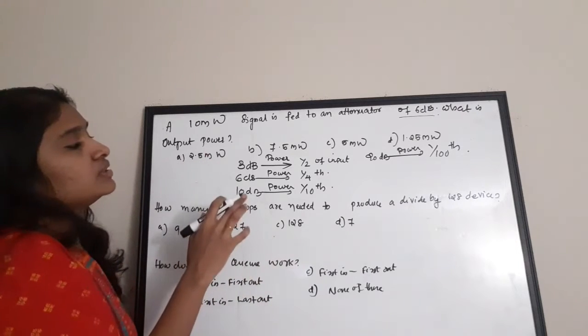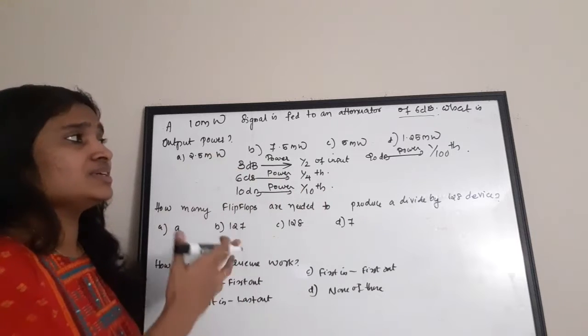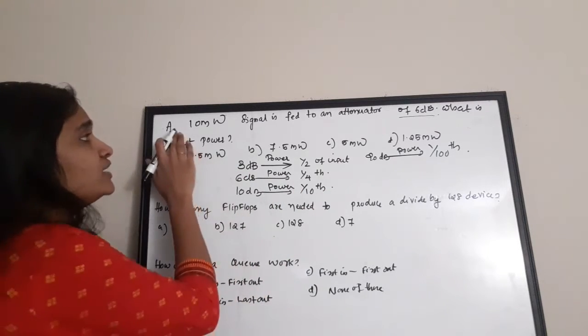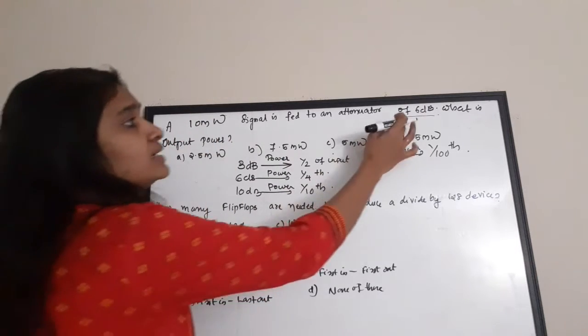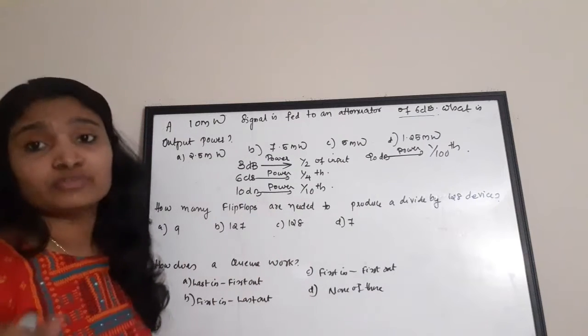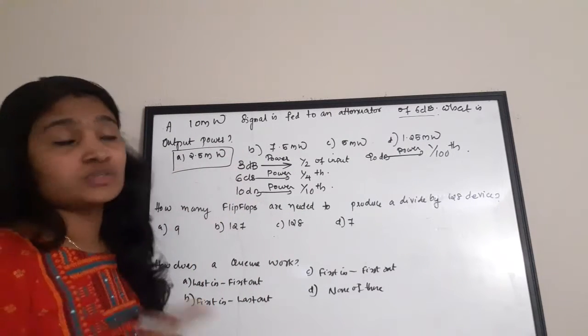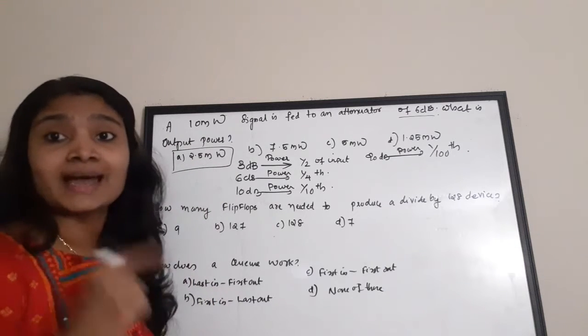Generally they'll be giving any of these dB values, 3 dB most probably or 6 dB. So if the input power is 10 milliwatt, and it is a 6 dB attenuator, meaning 1/4, that is 2.5 milliwatt is the answer. That is, 2.5 milliwatt is the output power from the attenuator.